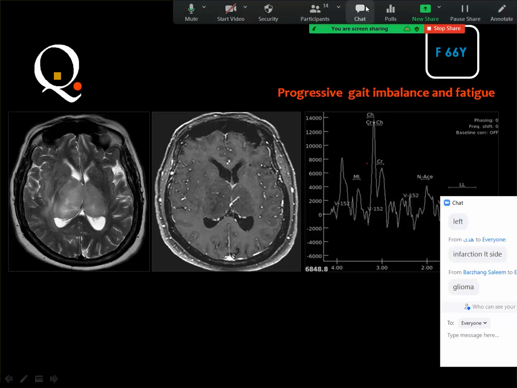Glioma, which side? Left or right? Oh, bilateral.